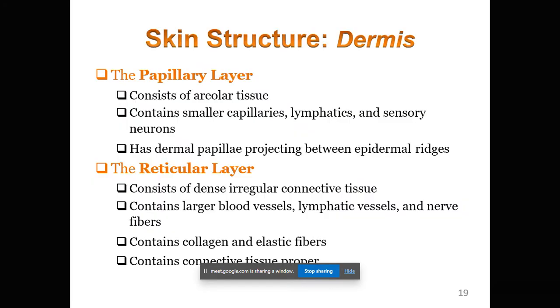The papillary layer consists of areolar connective tissue. It contains smaller capillaries and lymphatics. We have a separate chapter on lymphatics, where we will see what they are, and I guess you have also studied this. It also contains sensory neurons.